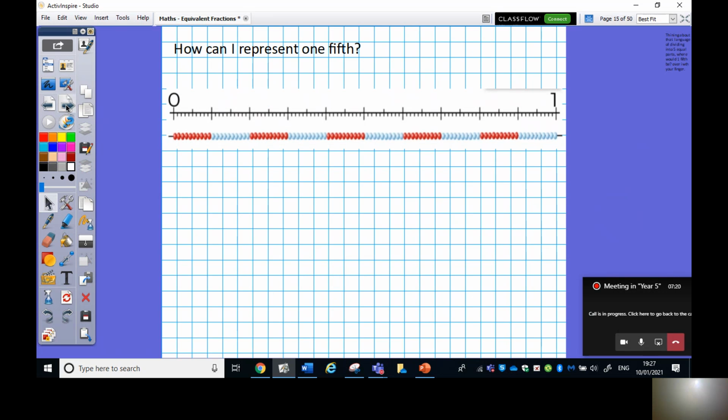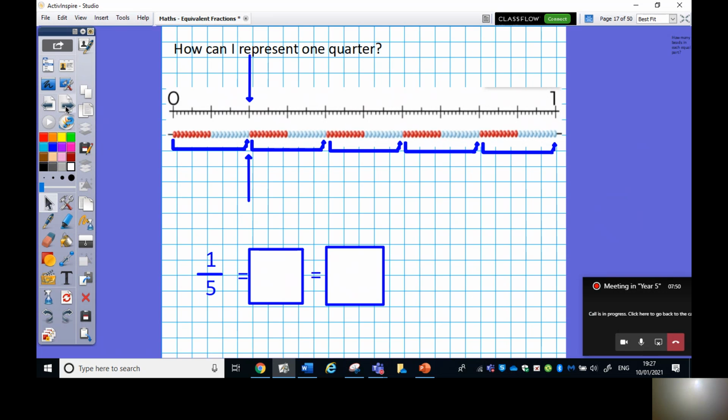Now, how can I represent 1/5? Let's think about the language of dividing into 5 equal parts. I have 100 beads and I would have to divide them into 5. Where would 1/5 be? Just place your finger over where you think that might be. And let's see if you're right. Great, this is 1/5. How many beads are there in each fifth?